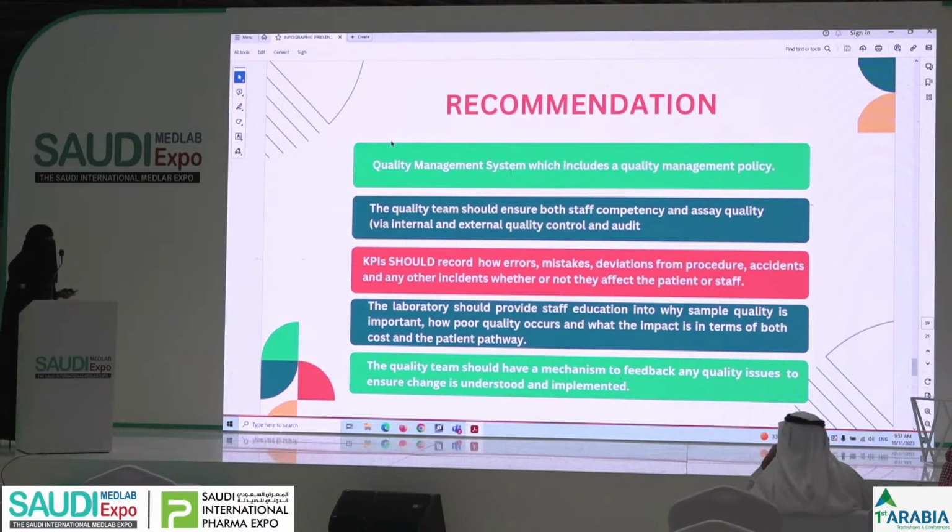The quality team should ensure both staff competency and assay quality. They are competent for this test. They are well trained as well, and they know there is a specific guideline for them to perform this analysis.